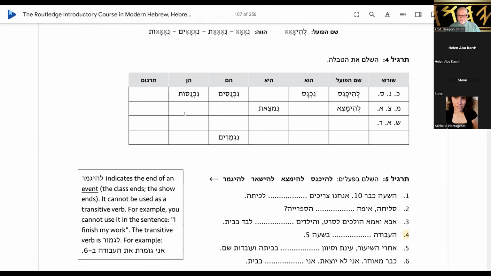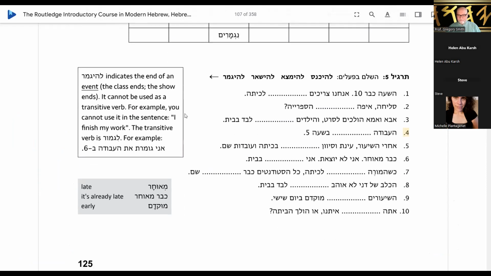So what we're going to do is try to use these here. Now I stopped here at number 4, and what I've got is the answer key here. Before I do that, let me get rid of this.